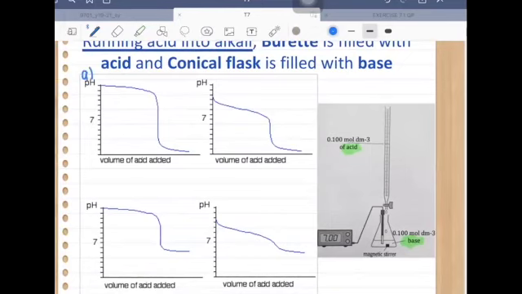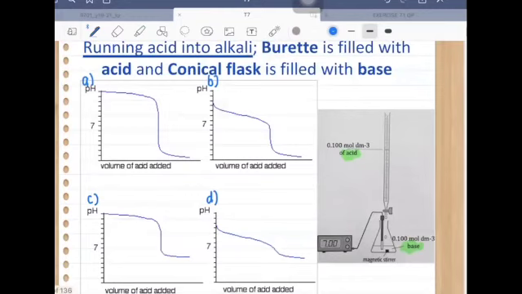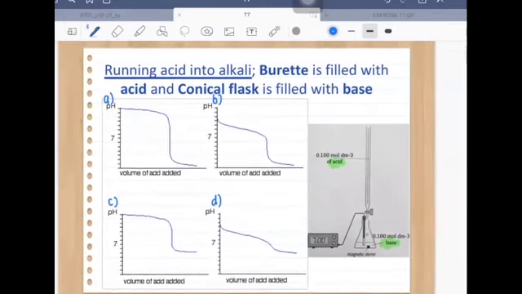Okay, so I will number them A, B, C, and D. This time we fill in the burette with acid and the conical flask with base, and I've labeled them A, B, C, D. So you will answer in the forms, which type is it? Is it a strong acid, strong base, or weak acid, weak base, or weak acid, strong base, or strong acid, weak base? So there are 4 types, right? Okay.